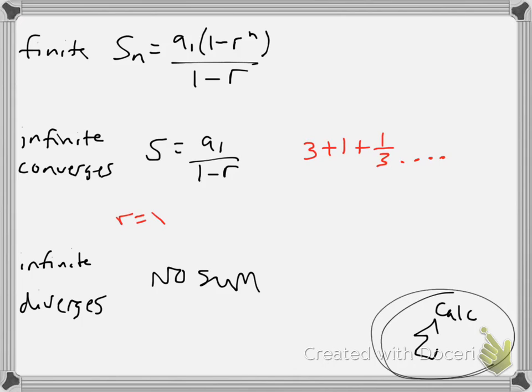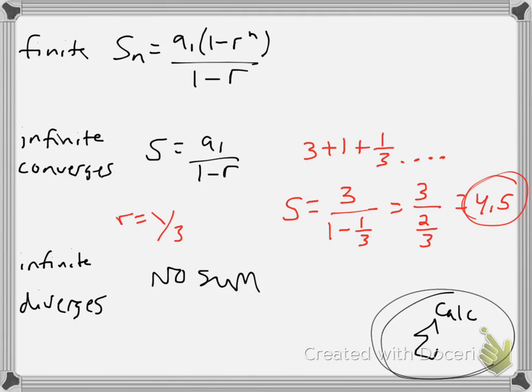Our common ratio is 1/3. So let's plug this in here. The sum of this is going to equal our first term divided by 1 minus our common ratio. So that's going to equal 3 over 2/3, and hopefully you can figure out how to work this fraction on your own. If not, I can show you in class, but 3 divided by 2/3 is going to equal 4.5.